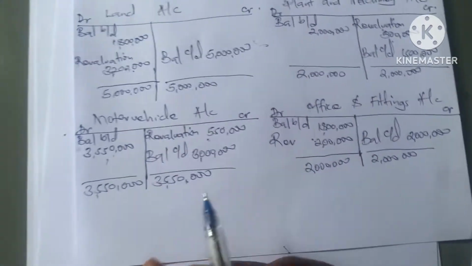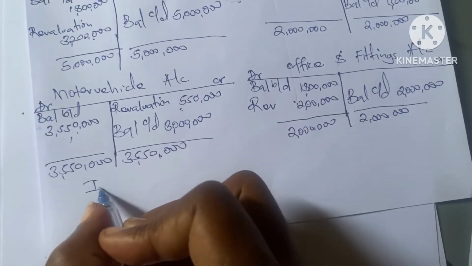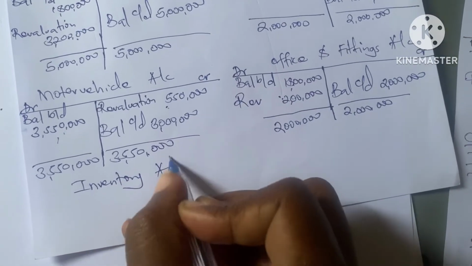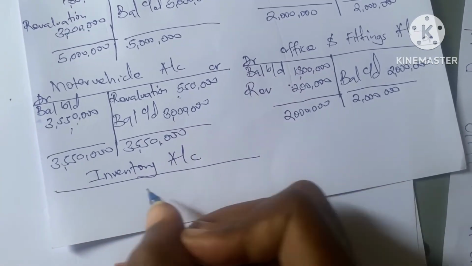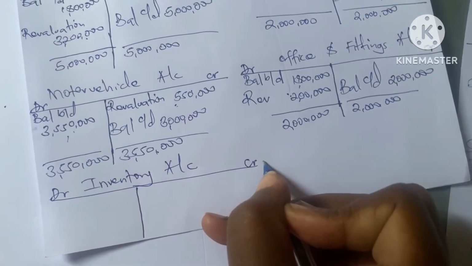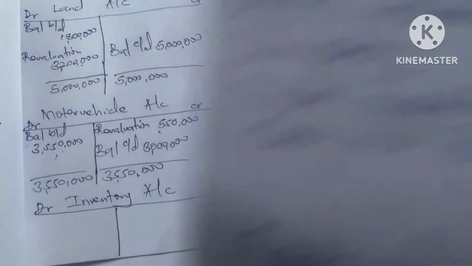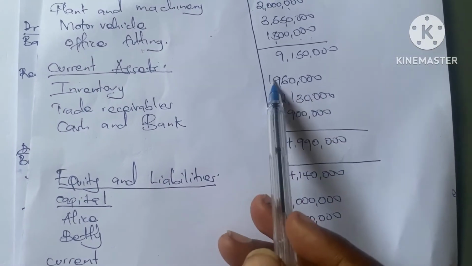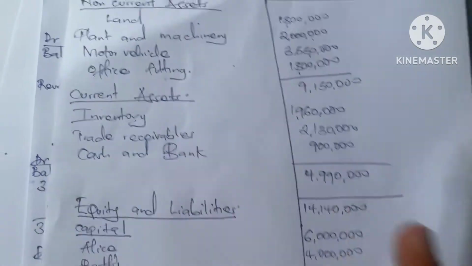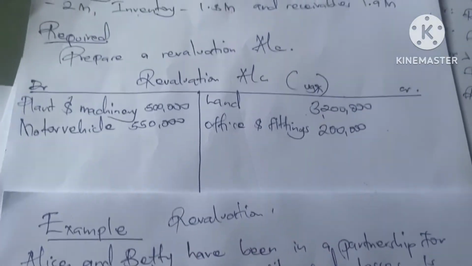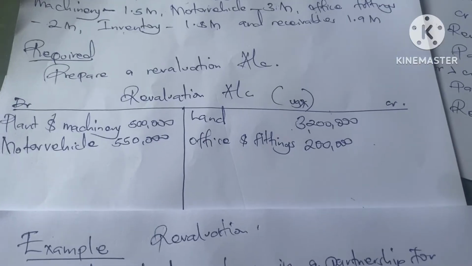So we prepare the inventory account. Inventory account, debit, and then credit. So according to this, inventory was 1.960, then it was revalued to 1.8. There was a decrease in the value of inventory.